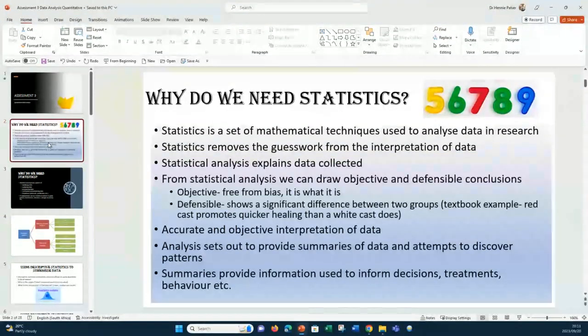We use statistics all the time. Government uses statistics in terms of, well, we hope, allocating budgets. We have Stats SA that provides us stats on unemployment levels. We have a census every so often to see what our numbers are. So stats are everywhere.